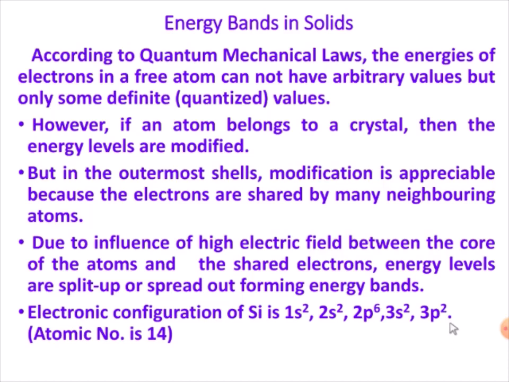In order to know the splitting of the energy levels of the silicon atom or the silicon crystal, let's take the help of the graph of energy versus interatomic spacing, and in it let's take it that there are n atoms in a silicon crystal.